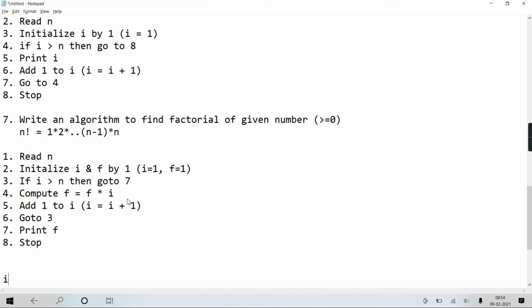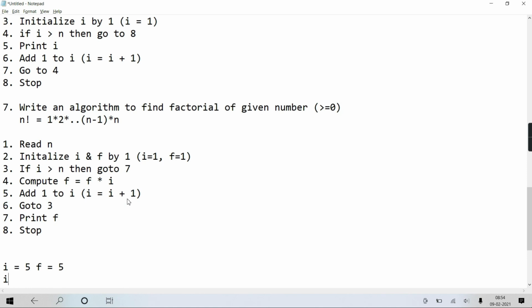So in that case they may start the other way, like this. Suppose I starts from 5, and f is equal to 1 only. So 5 times 1 is 5, and next time I will become 4.